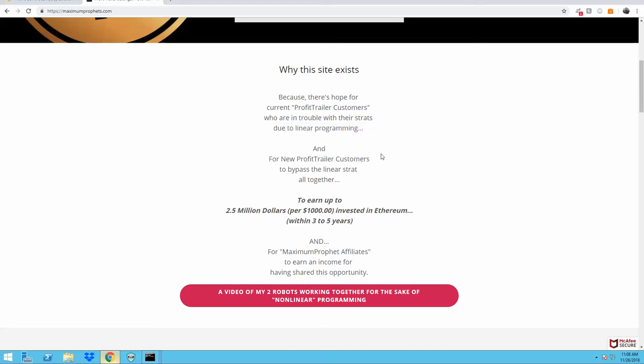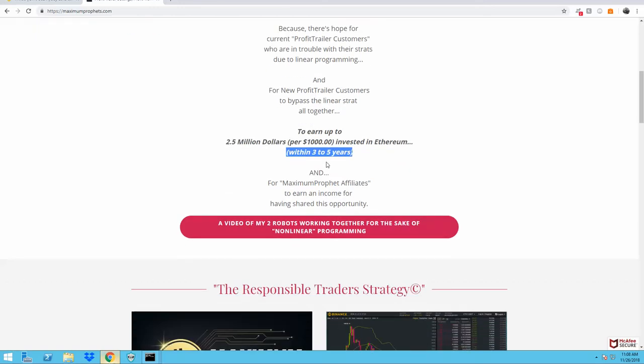It's also for new ProfitTrailer customers to let you know that you'll bypass altogether the linear strat and go with my non-linear strat. You can earn up to $2.5 million per 1,000 invested in Ethereum within the 3 to 5 year mark. Don't trade with money you don't have, and don't try to use money that you need in order to live.